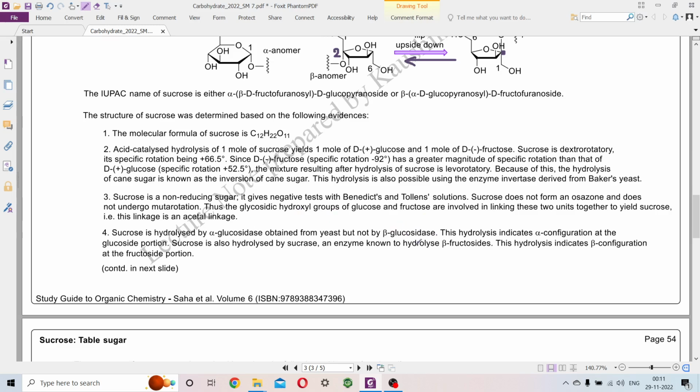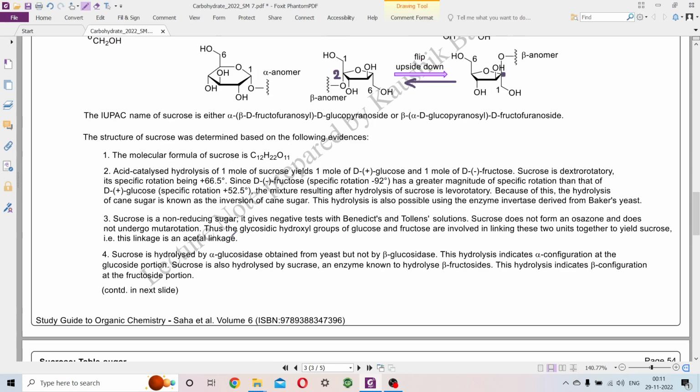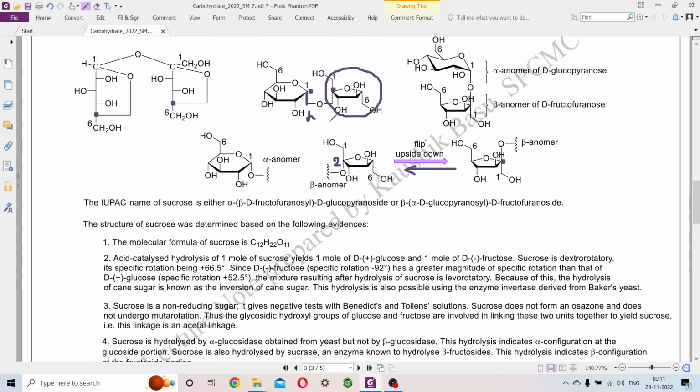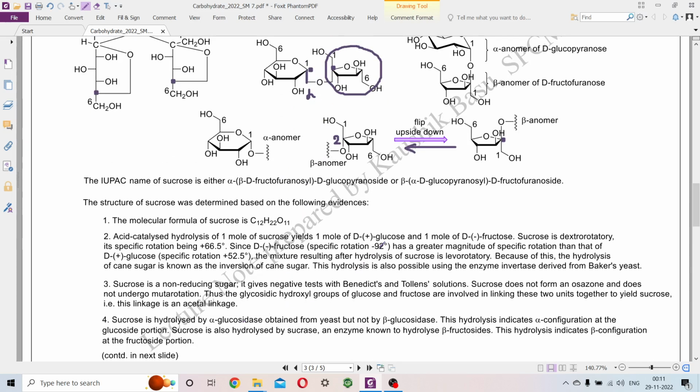glucosidase. Now glucosidases are capable of cleaving glycosidic linkages, such as the glycosidic linkage here or here. Glucosidase cleaves the glycosidic linkage where one part of the glycosidic linkage is made up with glucose.